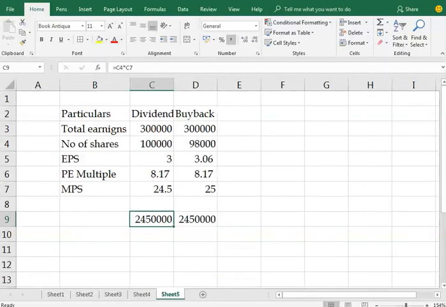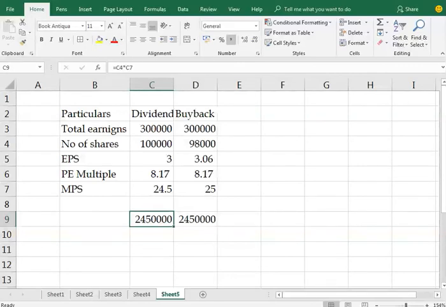When your earnings remain the same, your total value is going to remain the same for both options. Unless the question said that the buyback can lead to some value accretion, then we would have factored it in. My earnings were 3 lakh and 3 lakh. In buyback, the number of shares fell, so EPS went up and market price is up.